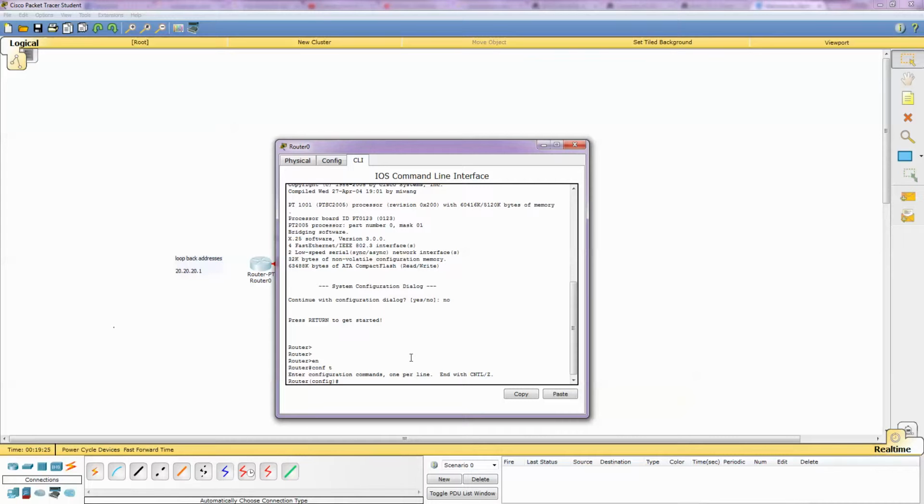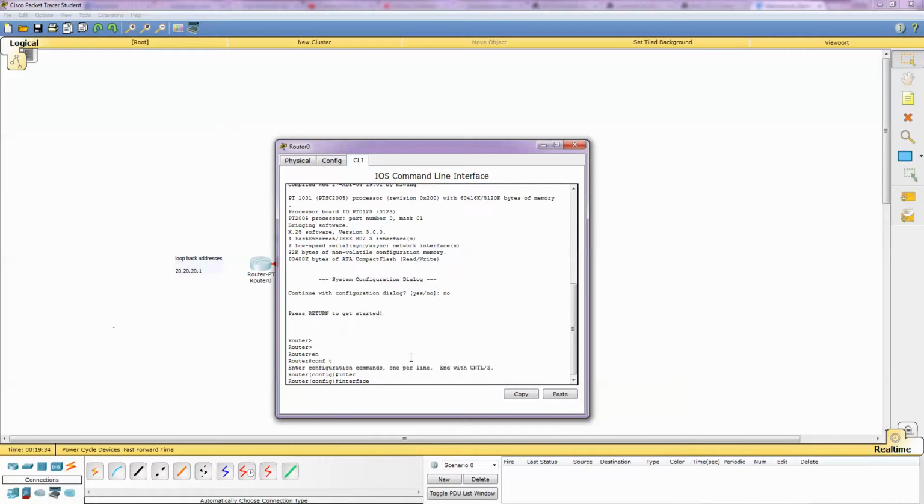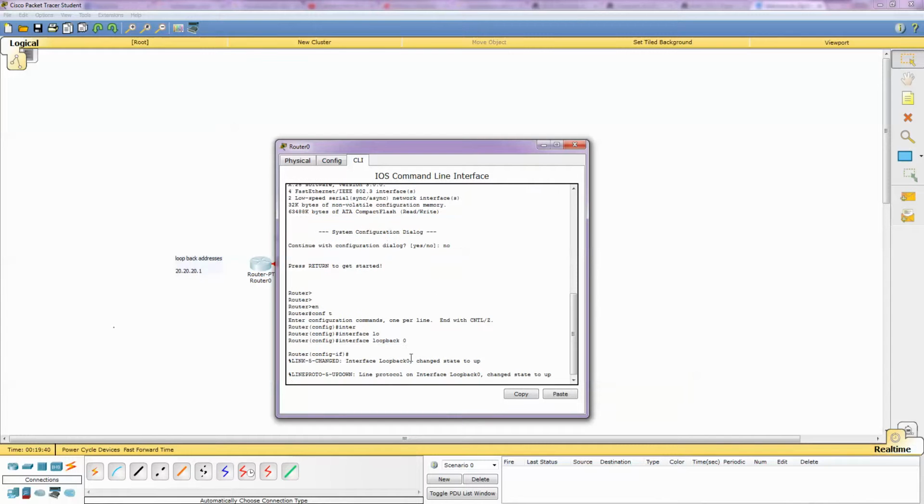Enter configuration mode, and here we will go into the interface loopback. Let me create loopback address 0.